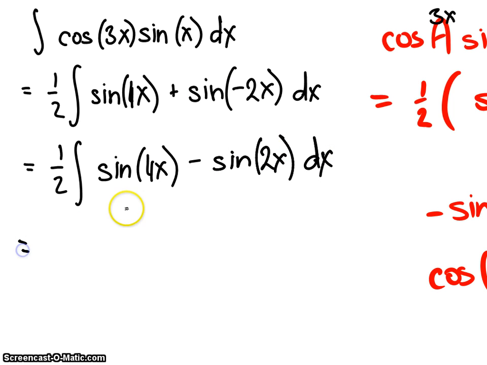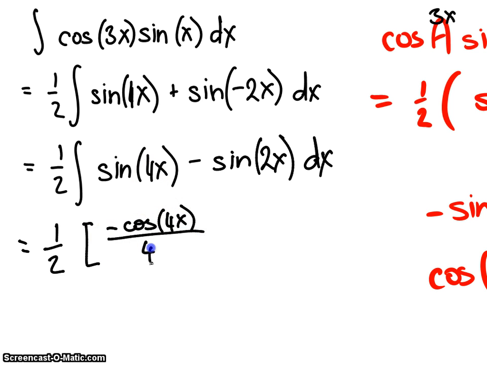And then we know that if we differentiate cosine, we get minus sine. So if we integrate sine, we get minus cosine. So this is the same thing as a half. And then this is minus cosine of 4x. And then because there's a 4 here, I have to divide by 4.